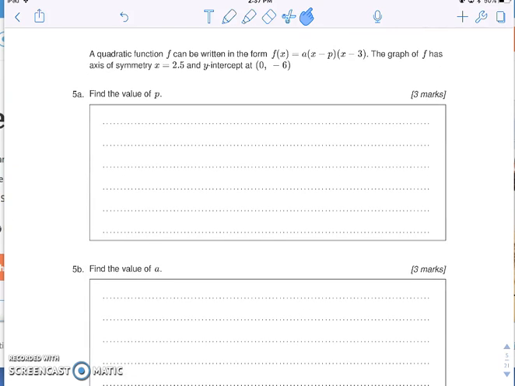So our next one here, a quadratic function can be written, and it's in intercept form. The graph has an axis of symmetry at 2.5 and a y-intercept at negative 6. So I'm going to just sketch this. 1, 2, 3, 4, 5, 6. We know it crosses at x minus 3, so it crosses at x equals 3.